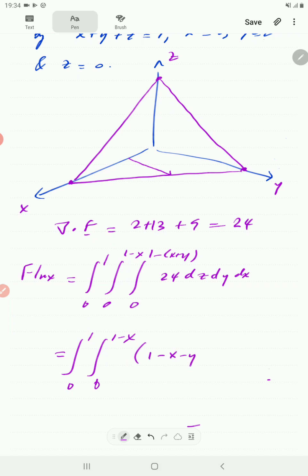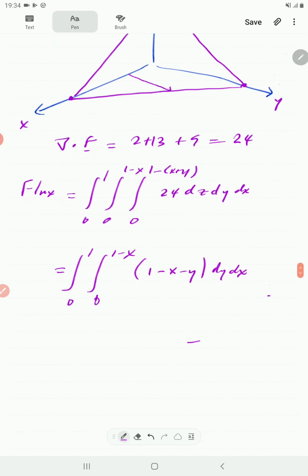So this one is going to be just 1 minus x minus y, dy dx. Then we integrate this one partially with respect to y. So it's going to be y minus xy minus y squared over 2, from 0 to 1 minus x.